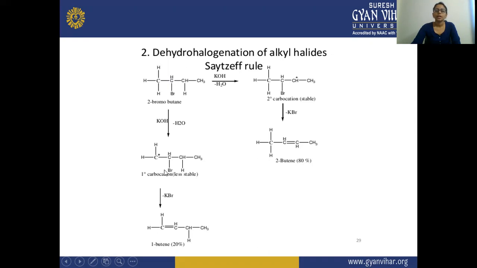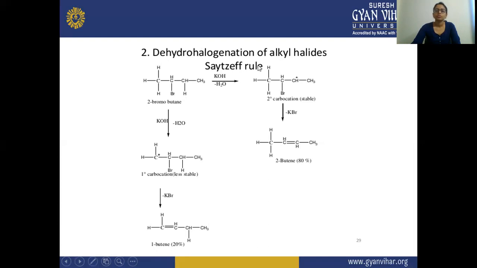So the primary carbocation is less stable than the secondary carbocation, and so the less stable product will be formed. You can see here 1-butene, 20% will form, and this Br will be removed by the K positive. So here there is a formation of this alkene, which is your 20%.